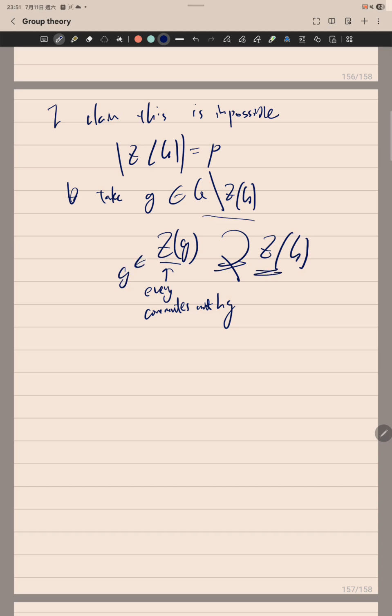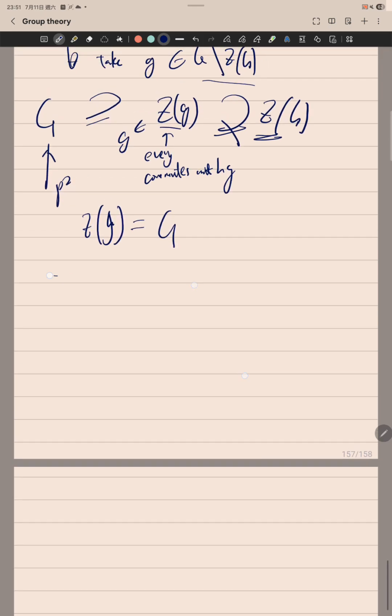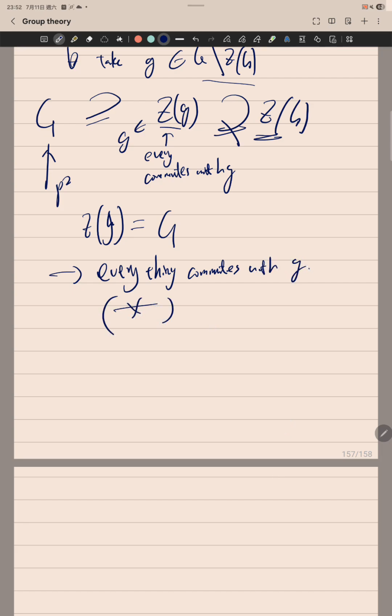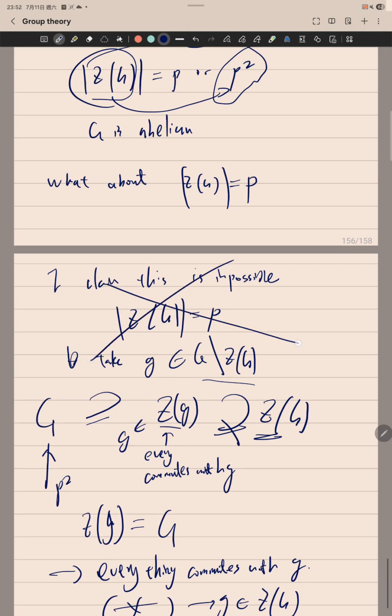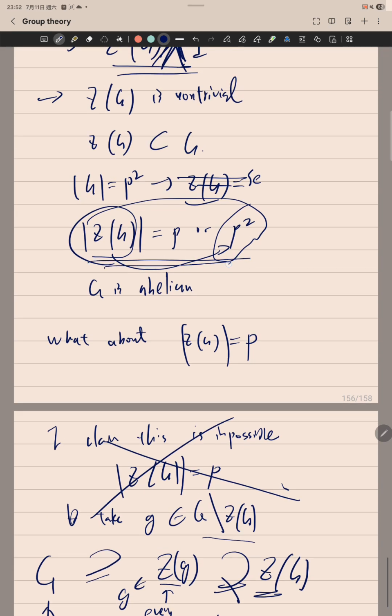But Z(g) is also a subgroup of G, and G is of order p squared, so Z(g) must be the same as G. But then it says that everything commutes with g, so g is in the center. Contradiction with this construction. So this is impossible. So the center has order p squared.